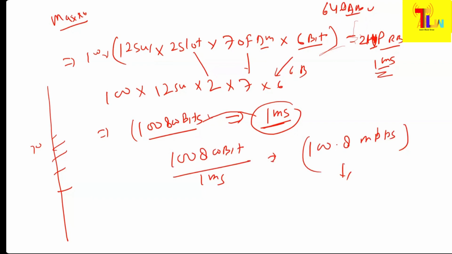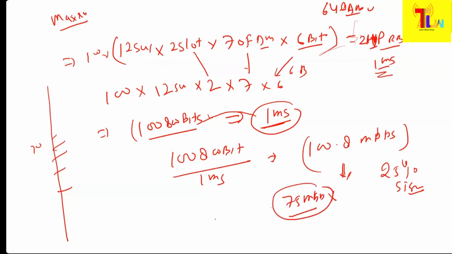But this is the theoretical peak. I mean, you are not taking any signaling, you are not considering any channel coding or anything. If we take 25% signaling in this, it will be around 75 mbps.